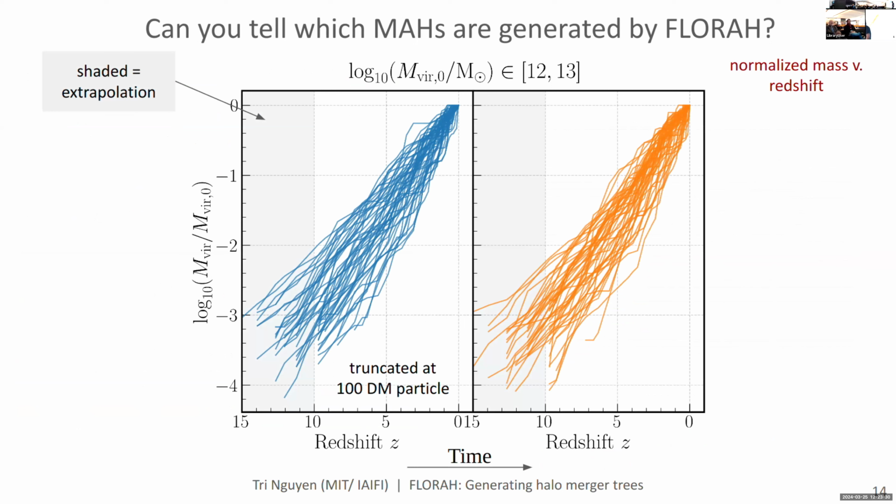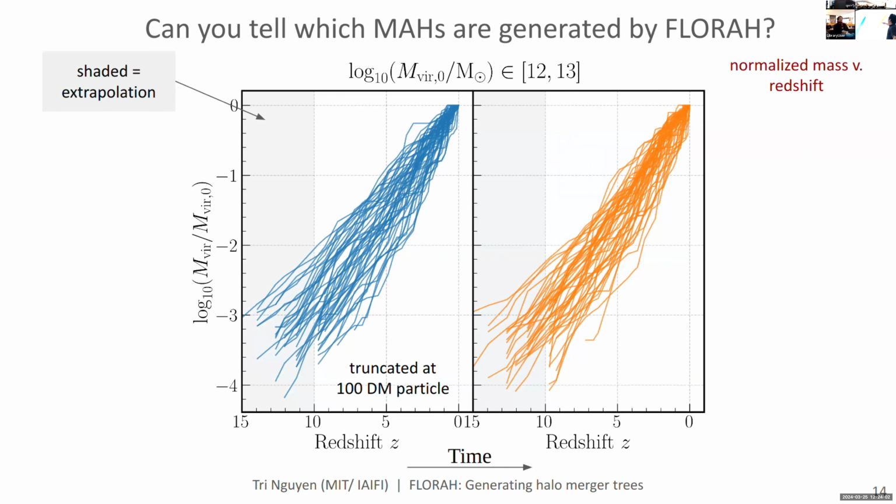But the thing I want to note is that for this one, I only trained the neural network from z equals 0 to z equals 10, meaning that everything from z equals 10 to z equals 15, which is the shaded region, which might be a little hard to see on Zoom, is extrapolation. And I will show you some summary statistics showing that this neural network has some capability of extrapolating.